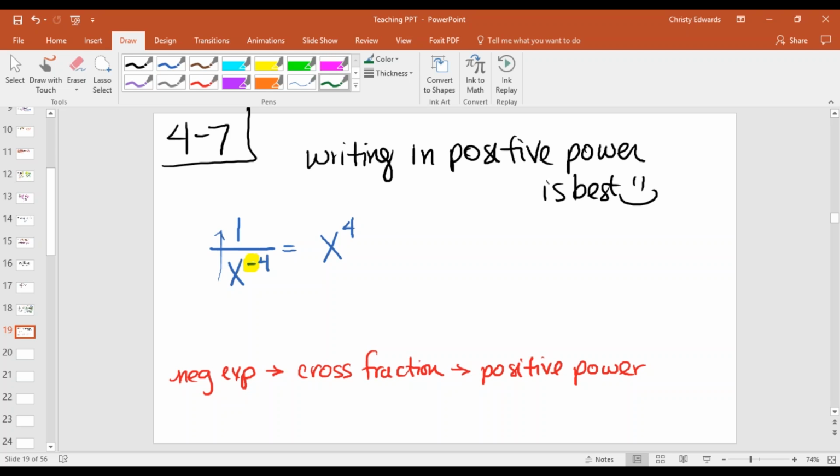Okay, do you see what I did here? This is something you might want to write down. When you see a negative exponent, it wants to cross the fraction bar, whether that means going up into the numerator from the denominator, or down, like the first one. And then it can be a positive power.